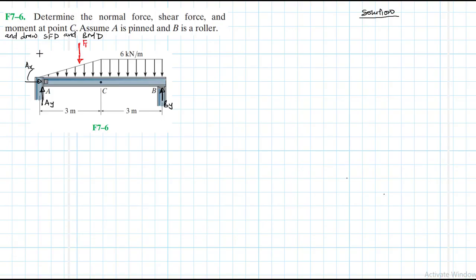And this position, if you remember from centroids, is going to be equal to, from A, 2/3 of the length of the triangular distributed load, which is 3, which gives us 2 meters. So it is 2 meters from A. That's where this equivalent force for the triangular distributed load is located.